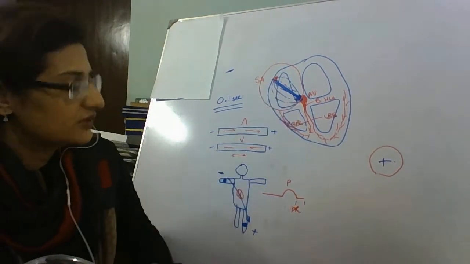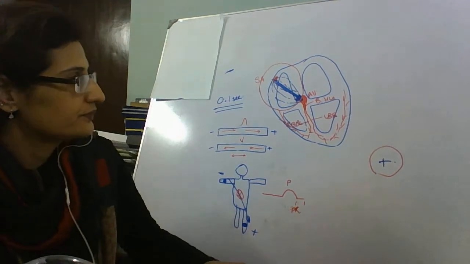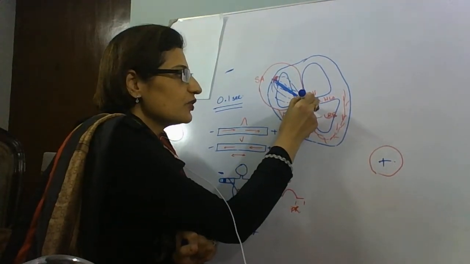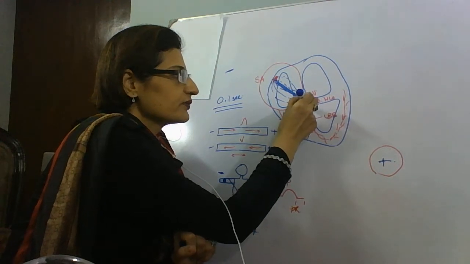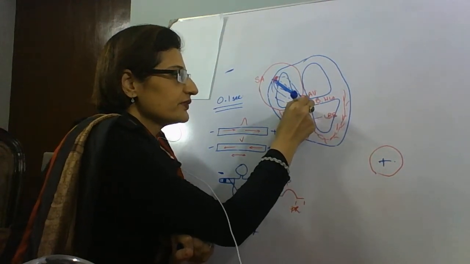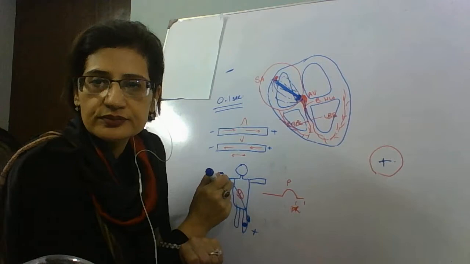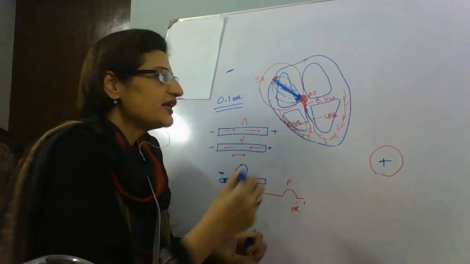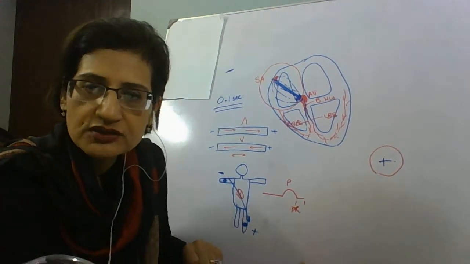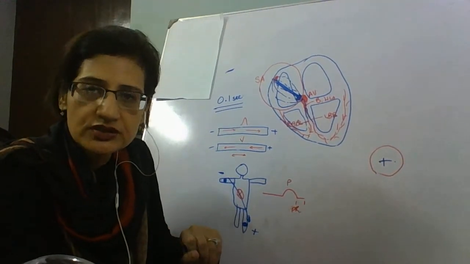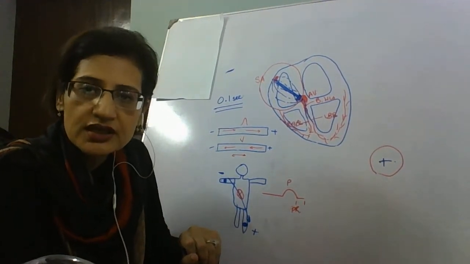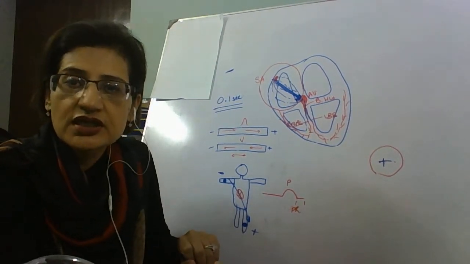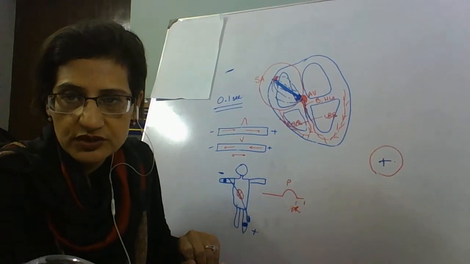From the AV node, the impulse passes through the small bundle of His into the left and the right bundle branch. Now, it is made like this that the left part of the heart is predominant. It is thicker and it has more fibers. And so is true about the conducting tissue of the heart as well.